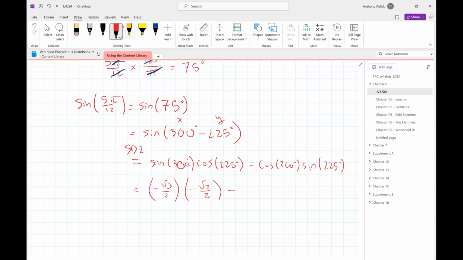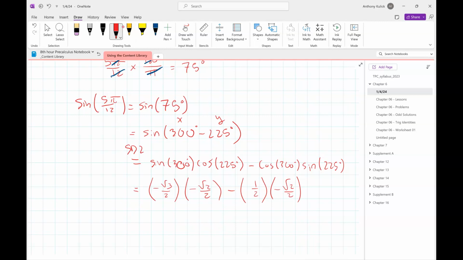Great. Cosine of 300? You're reading the y coordinate when you should be reading the x. 1/2, yep. Cosine is x. Sine of 225? Negative square root 2 over 2.